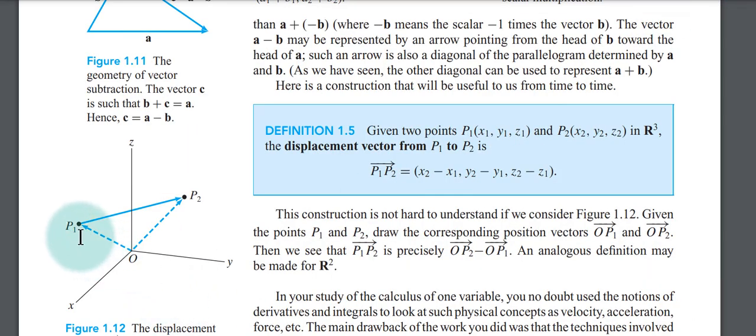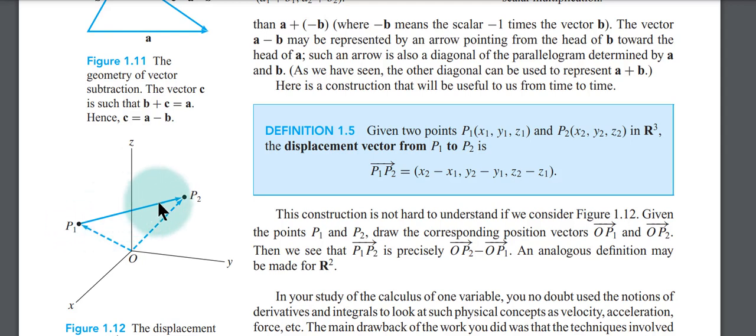Now, when we take a point P1, which can certainly be associated with a vector, but they're just talking about it as a point, and we have another point P2, we call the arrow which goes from P1 to P2 the displacement vector between P1 and P2.